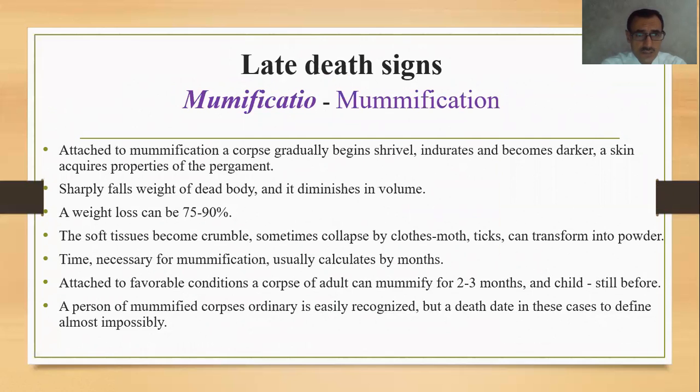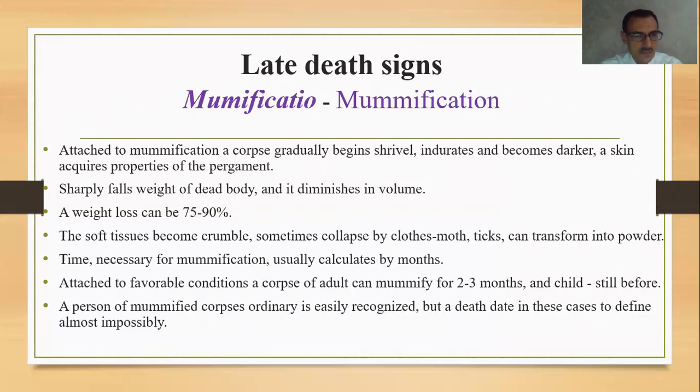During mummification, a corpse gradually begins to shrivel, indurate, and become darker. The skin acquires properties of parchment. The weight of the dead body sharply falls, and it diminishes in volume. The weight loss can be 75 to 90%. The soft tissues become crumbled, sometimes collapse. Tissues can transform into powder.